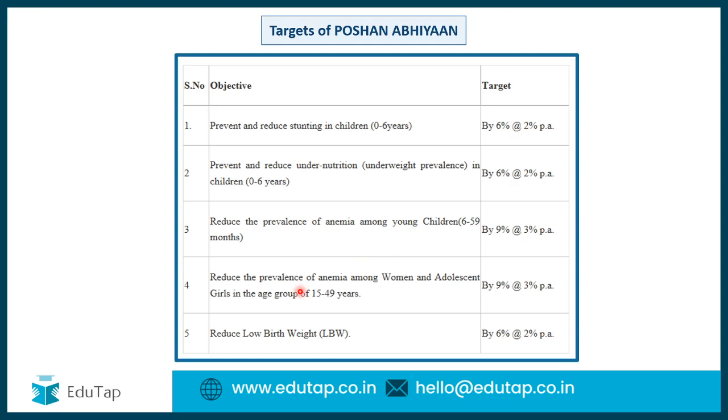Then reduce the prevalence of anemia among women and adolescent girls in the age group of 15 to 49 years by 9%. Then reduce low birth weight by 6% again. So these are the targets which have been given. These have been taken from the site of Poshan Abhiyan only. So all these are important targets. Fine, keep all these things in mind.